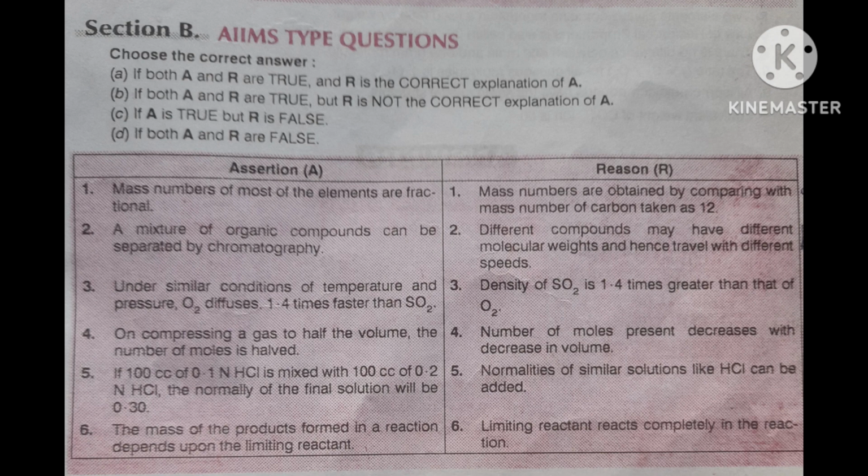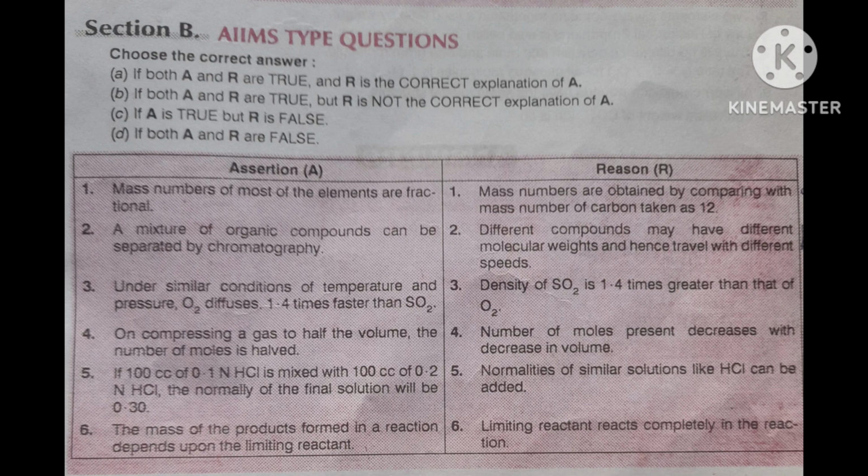Means 0.1 into 100 plus 0.2 into 100 equals N3 into 200. Then N3 is equal to 0.3 into 100 divided by 200, that is the 0.15, what I told you.